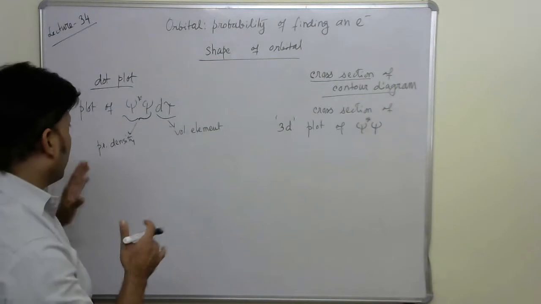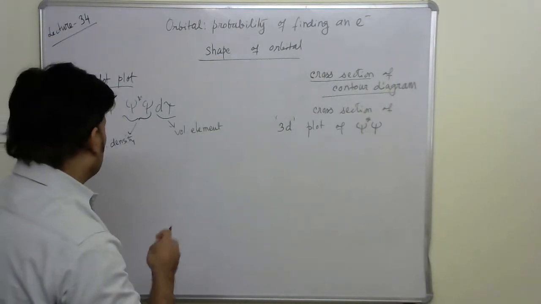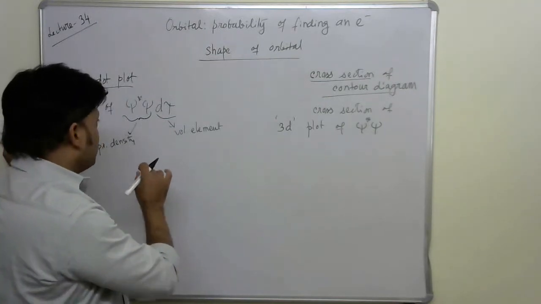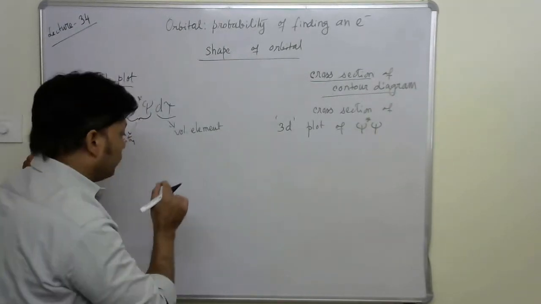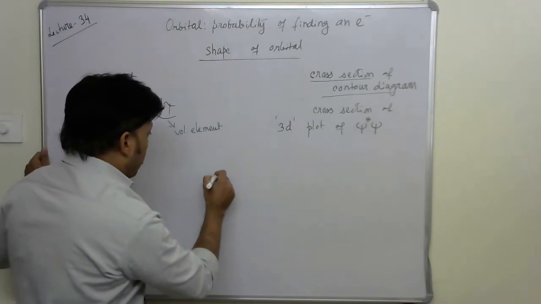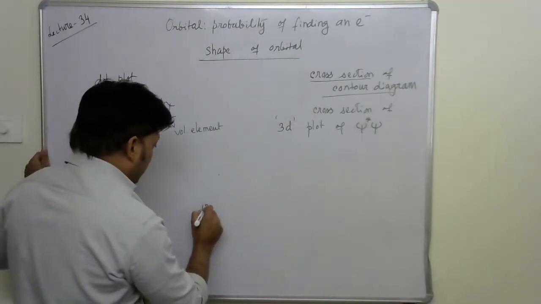In a simple manner, the dot plot is generated when the probability density is represented over small volume elements, and if we do that, it ends up in putting a dot somewhere. So let's first try out the 1s orbital.